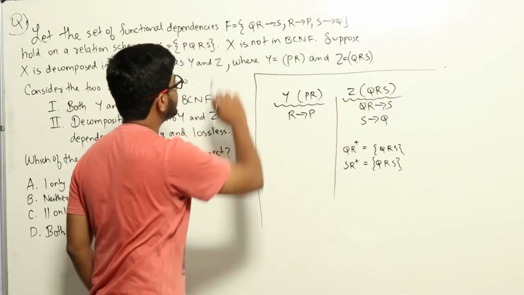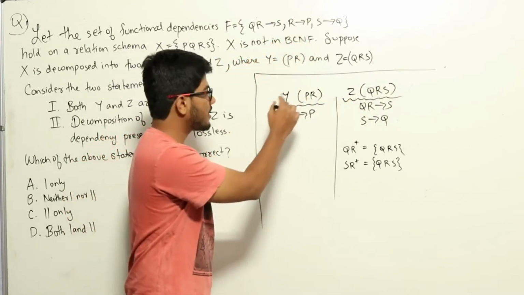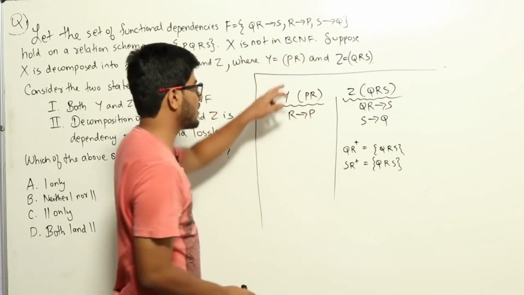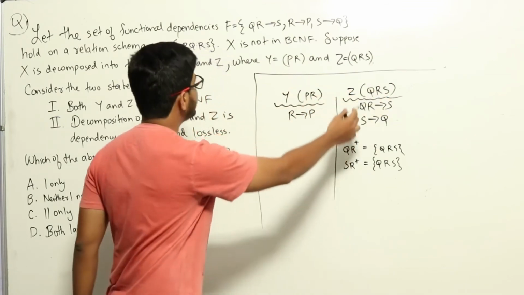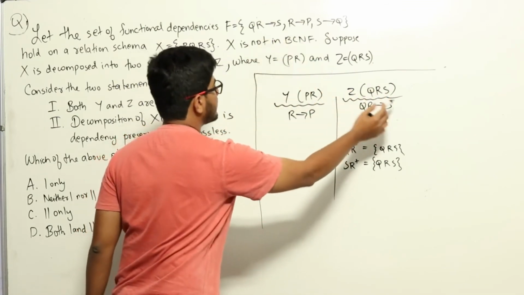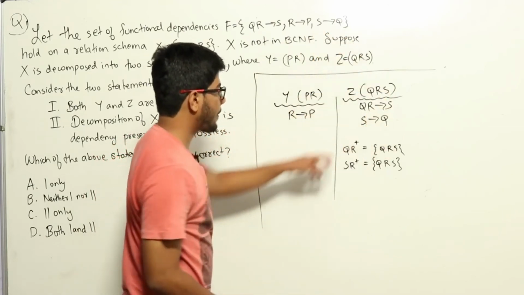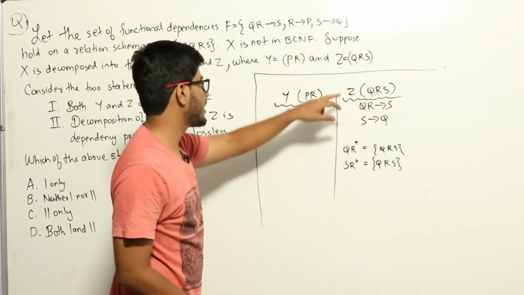Now looking at the functional dependencies, clearly R gives P holds in Y, because this consists of P and R, and this functional dependency R gives P holds here. Similarly, if you look at Z QRS, the functional dependencies QR gives S is there and S gives Q will also hold in these two. So all three functional dependencies hold in a combination of Y and Z.